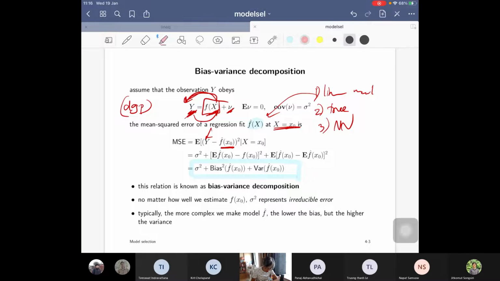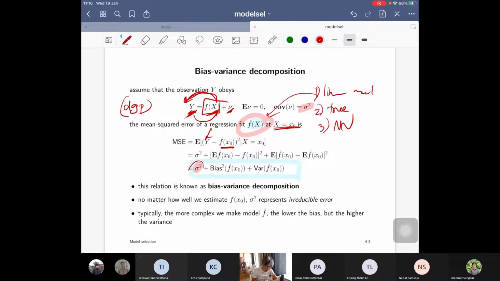The first term is called irreducible error, and that is the noise variance corrupted in the DGP. Which means if your data is corrupted by noise, no matter how good your model is, even if you go to a very complex neural network, your MSE can never be made 0.